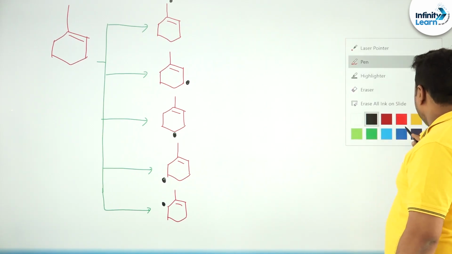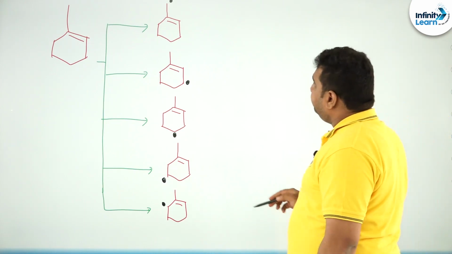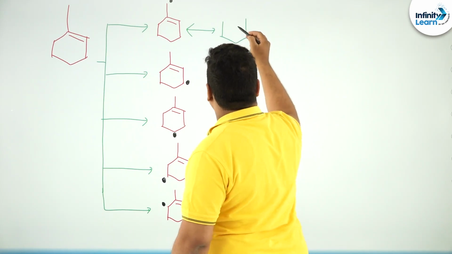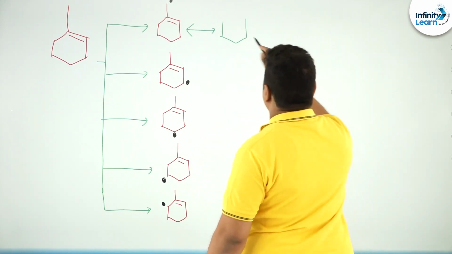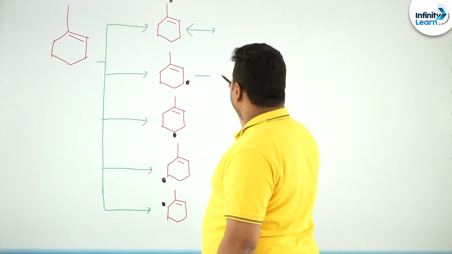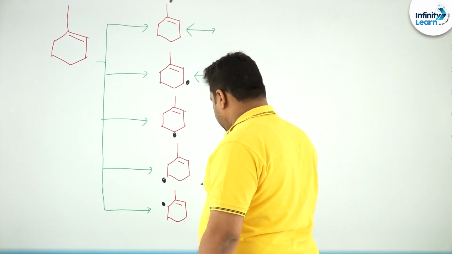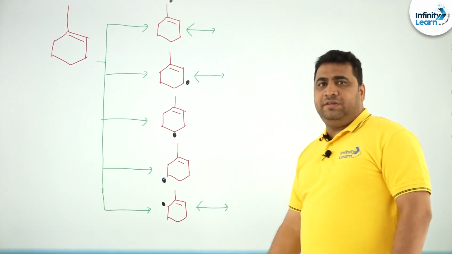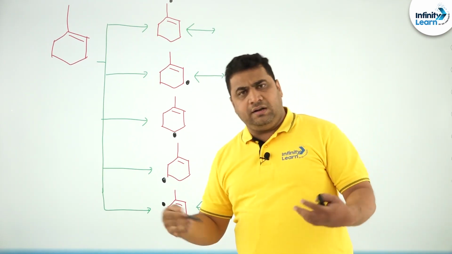But among these, my dear students, some can undergo resonance. Shall I maintain the color? Where can they undergo resonance? Here, here, and here. That's all. These 3 places you can see conjugation is there, so they can undergo resonance.